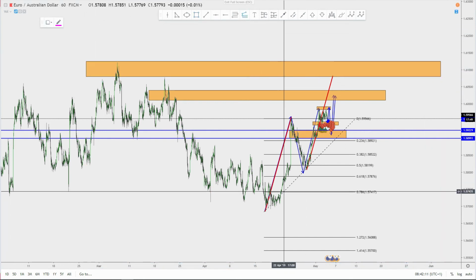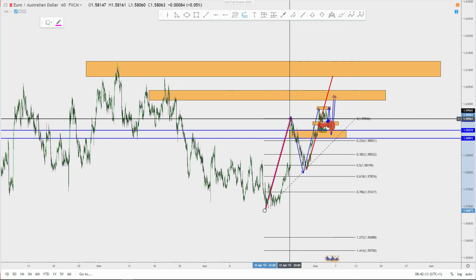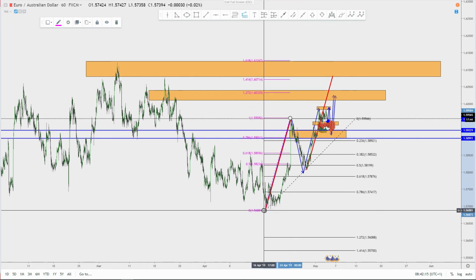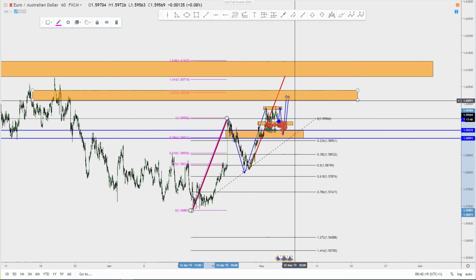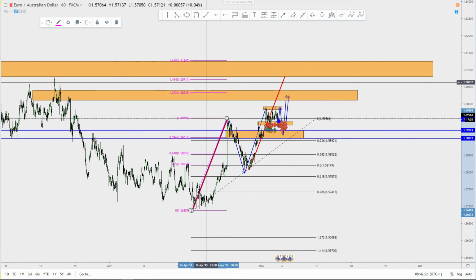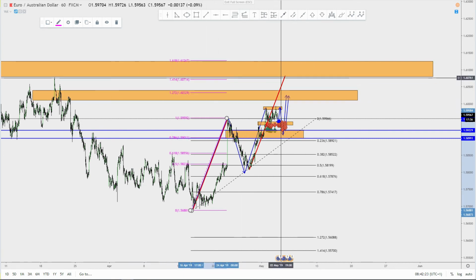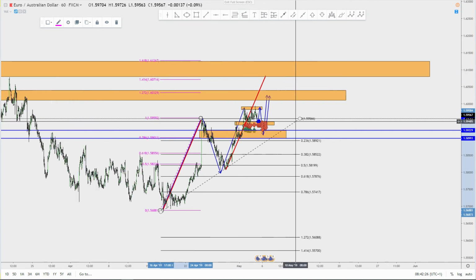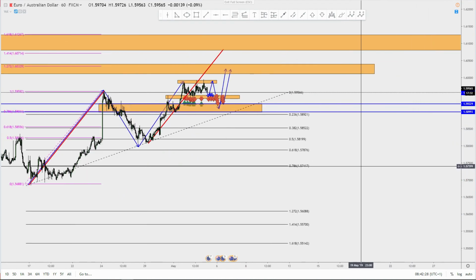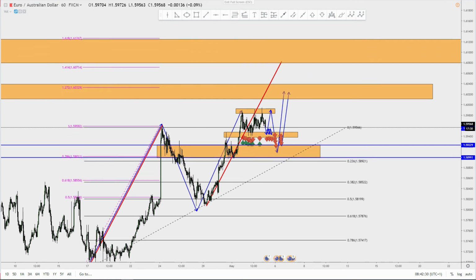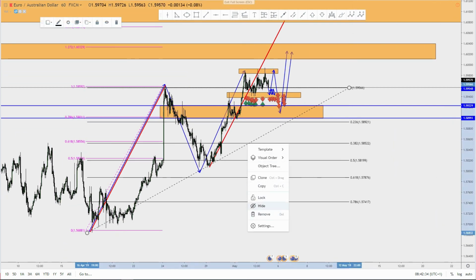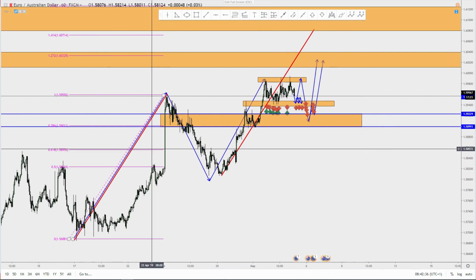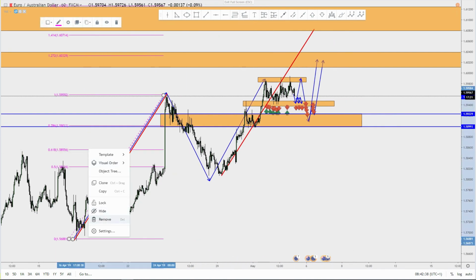What else do we have? Potentially a 1-4. You've got a 127 in that original zone, and then you've got at the top here this little 1-4-1-4 for a potential target. You can always trail stops or chase it higher. However you trade, I would stick to your strategy and plan.